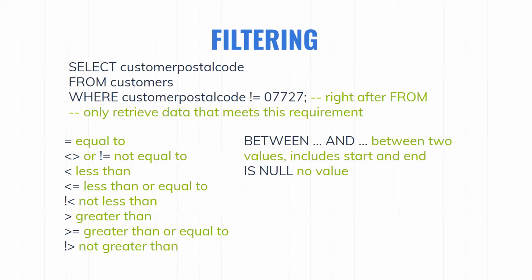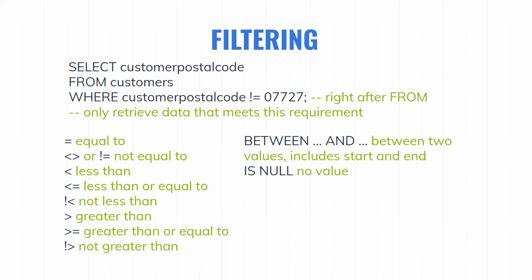In this case, we're selecting the column customer postal code from the table customers, where customer postal code is not equal to 07727. The exclamation point equals sign basically means does not equal. This has to be right after the from statement, and it retrieves data that meets this requirement.